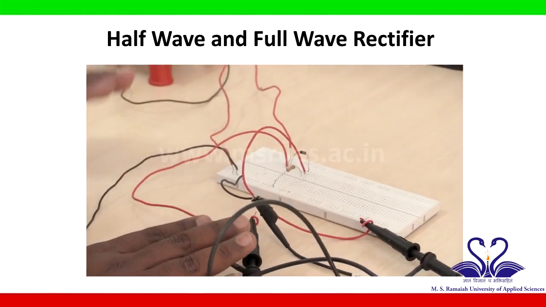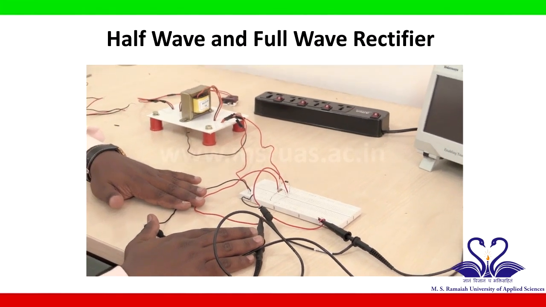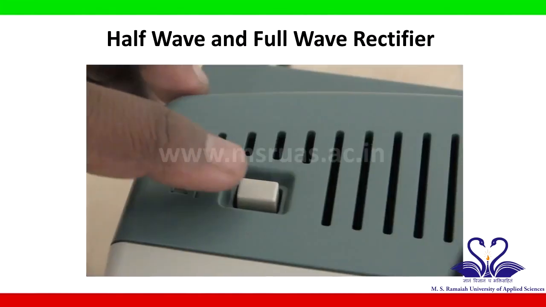Now we have finished the circuit connection for a half wave rectifier without filter. Once the connections are finished, turn on the digital oscilloscope.